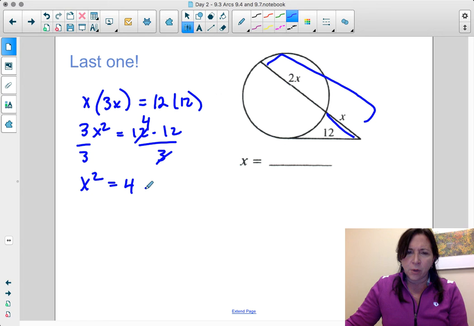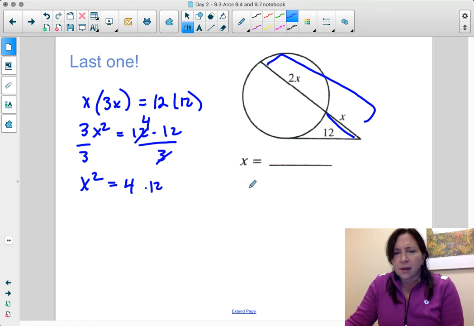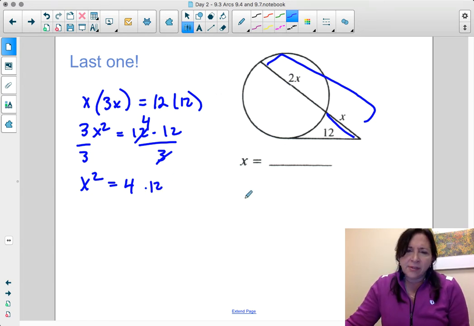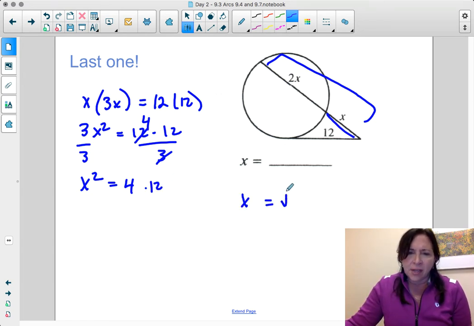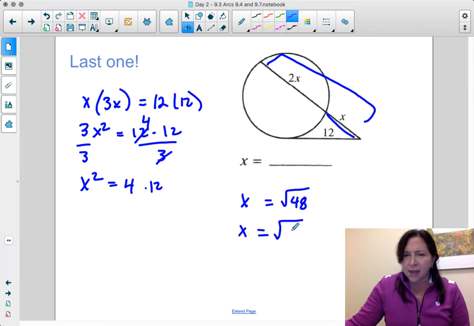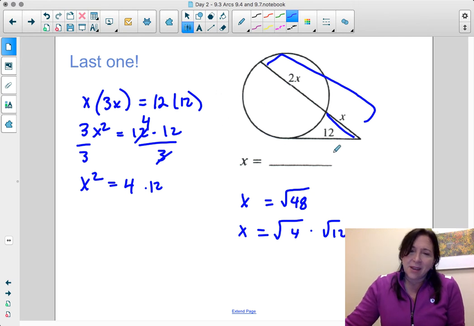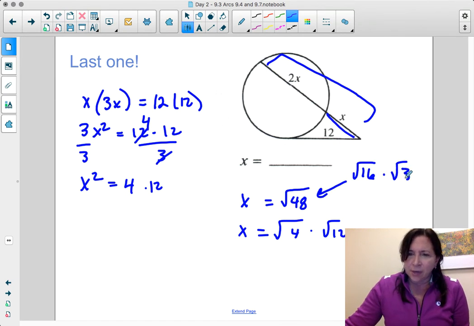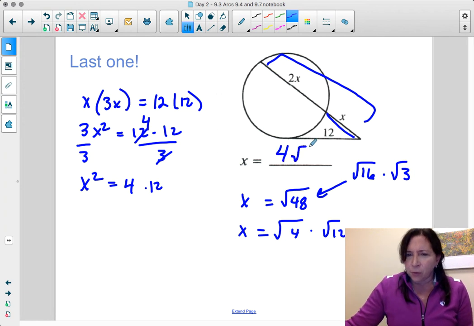And now I have 4 times 12, which is 48, of course. But realistically, is it any good to get root 48 like this and then divide it again by 4 times 12? Well, technically, yes, because at this point, I could have said, well, that's root 16 times root 3, and therefore my answer is 4 root 3.